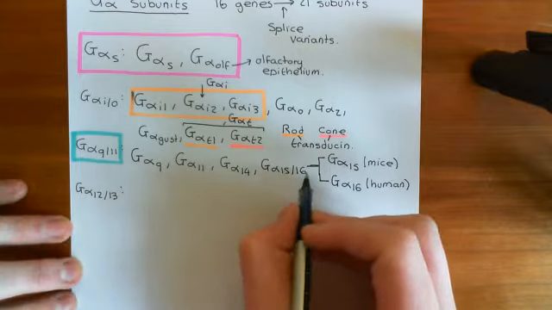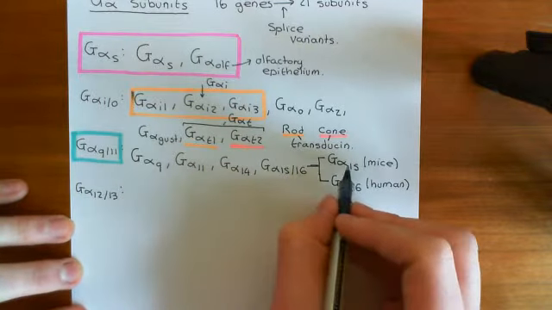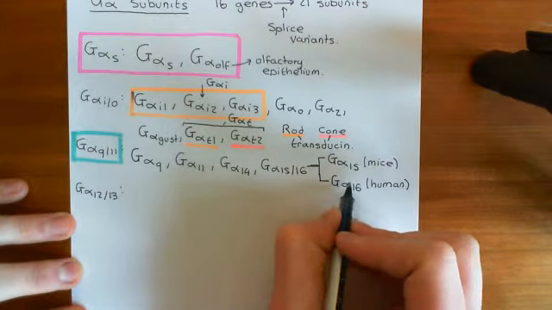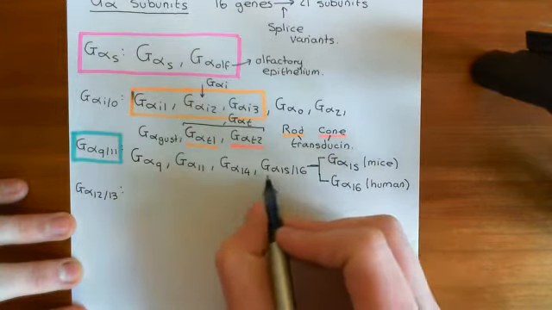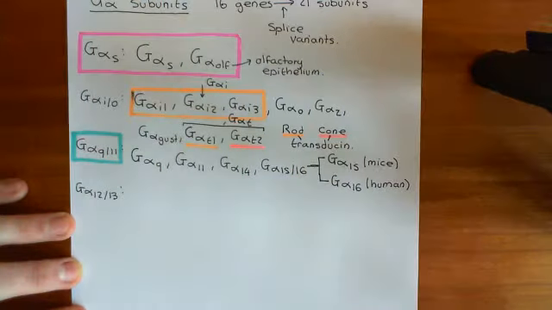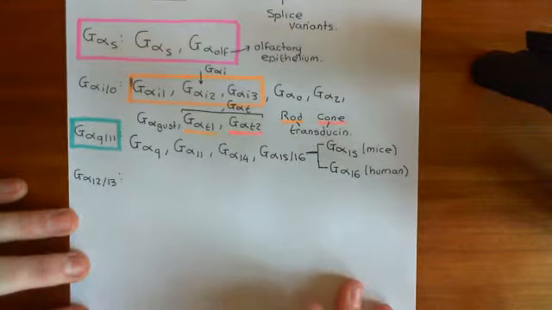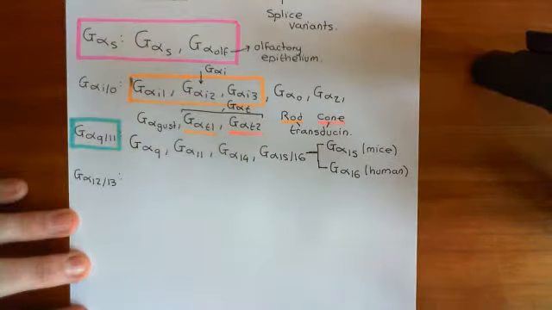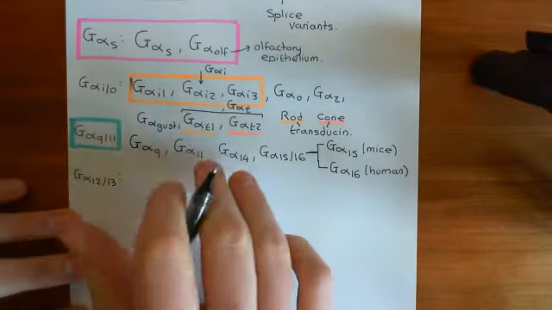Now, it hasn't caught on as well as you would hope. People working in mice still refer to it as G-alpha 15, and people working in humans still refer to it as G-alpha 16. But G-alpha 15/16 just embodies both of those names. Okay, right. So that's the family of alpha subunits that are capable of activating phospholipase C enzymes of the beta form.